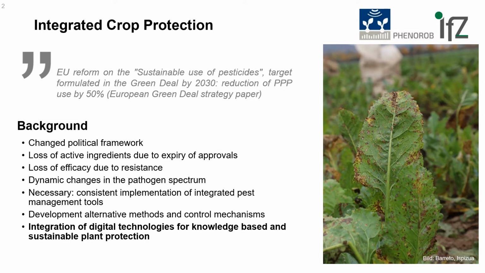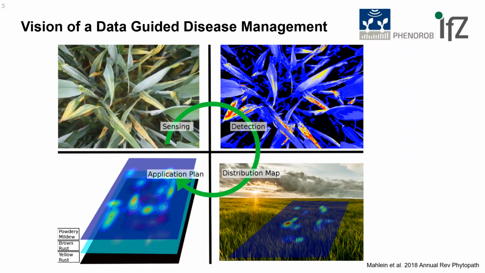Therefore, we need a consistent implementation of integrated pest management tools, and additionally, innovative approaches are demanded to develop alternative methods and control mechanisms. At this point, the integration of digital technologies for a knowledge-based and sustainable plant protection is one part of the puzzle.